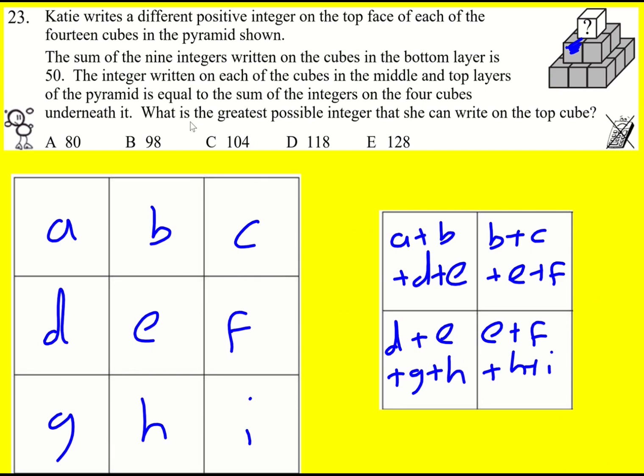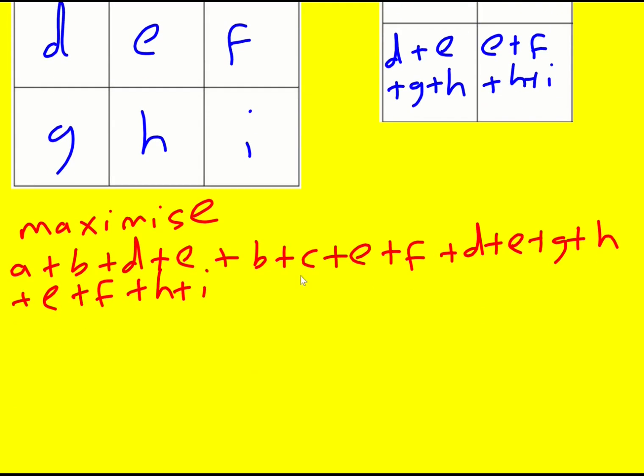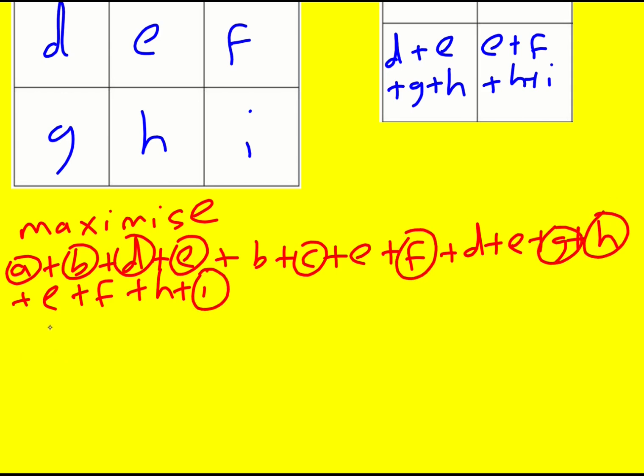Now remember, we know that 9 of them at the bottom add to 50. So why don't I just bring these together? A, B... do you know what? I don't even need to write that down, do I? I can just replace it by 50. A, B, C, D, E, F, G, H, I. So I'm going to get 50 from this, and I can get rid of all of those.